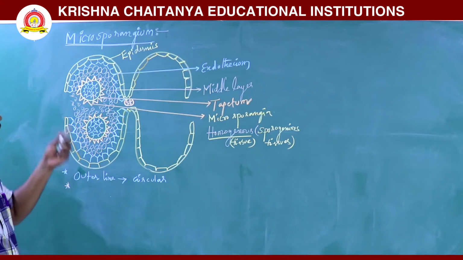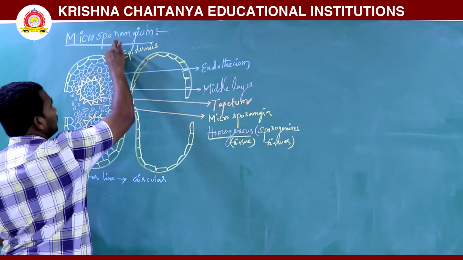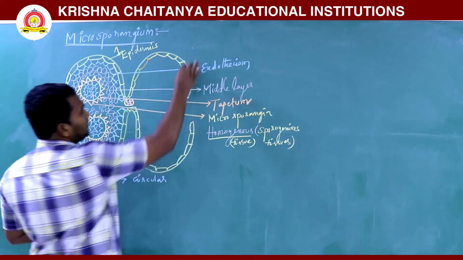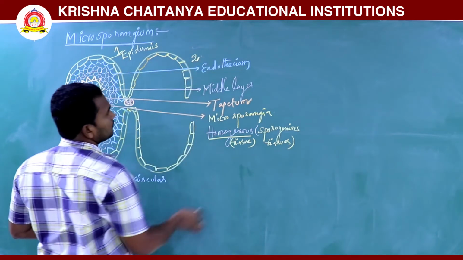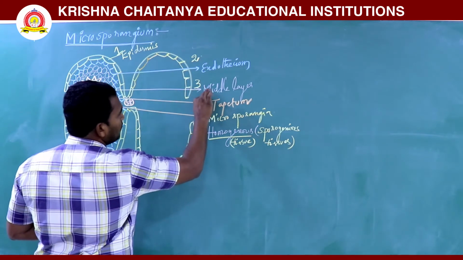How many layers are there? The outermost is the first layer, next is the second layer, then the third layer, and this is the fourth layer.